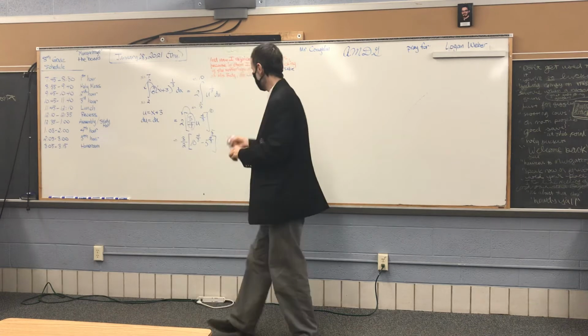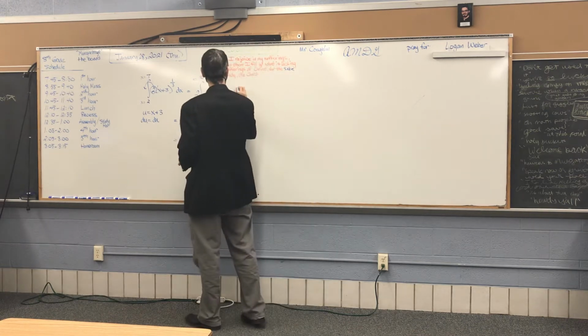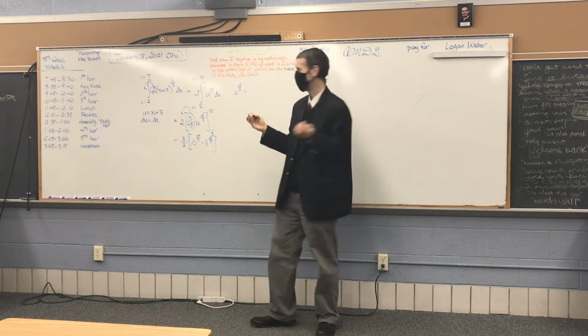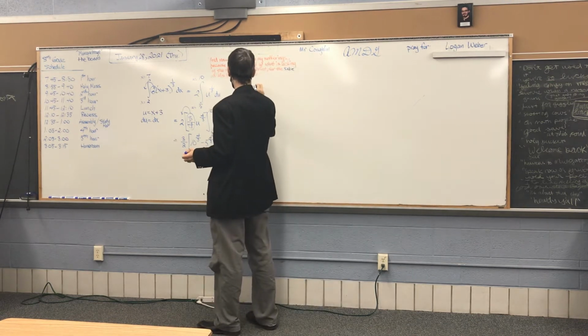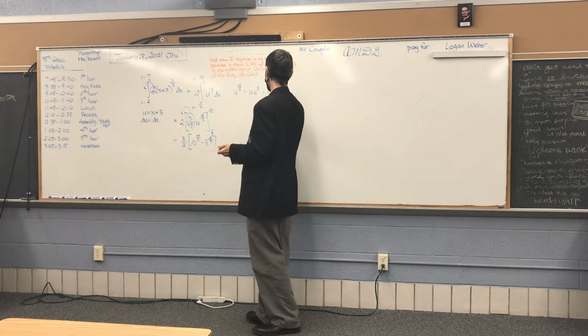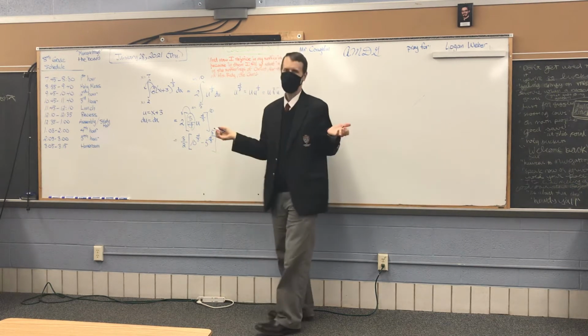What they did, U to the 4/3, how many whole U's are in there? 1. How much is left over? 1/3. What is that really? Cube root of U. U times the cube root of U. That's what they did.